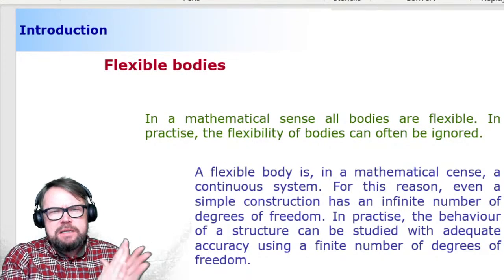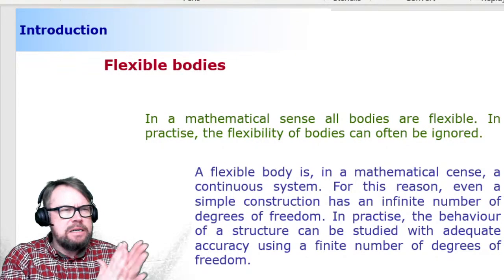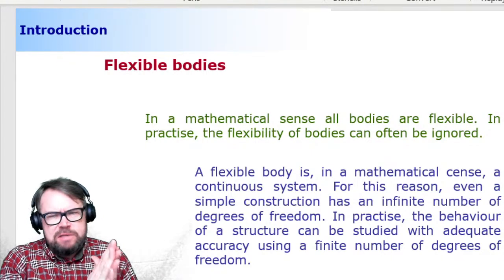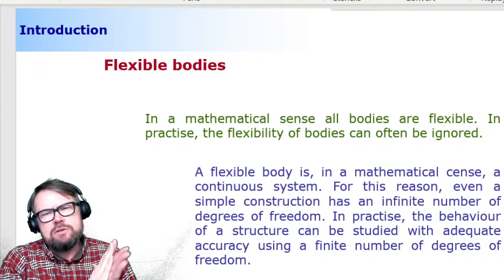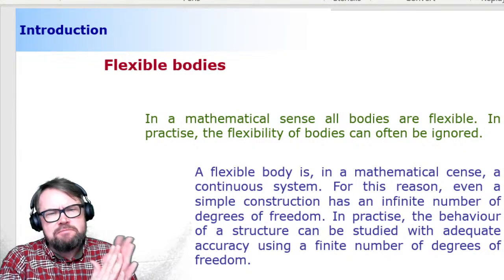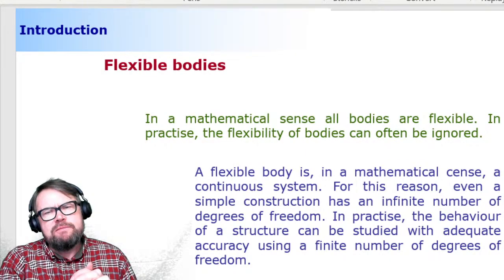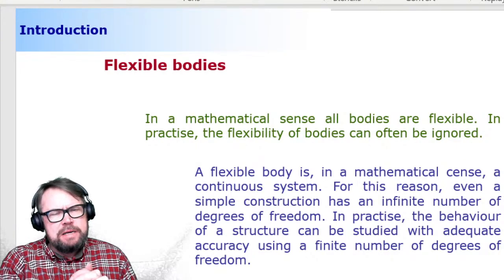The next obvious question is how you know when it is necessary to model a body as deformable and when it is enough to model it as rigid. There is no clear rule of thumb for this question. It depends on your application.